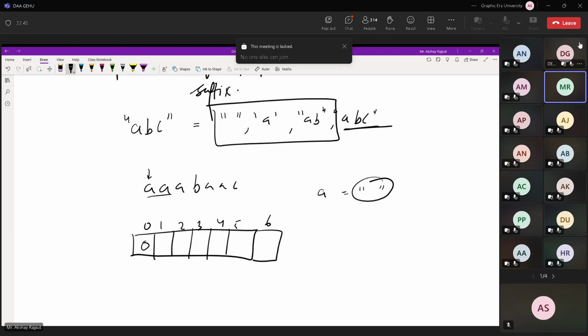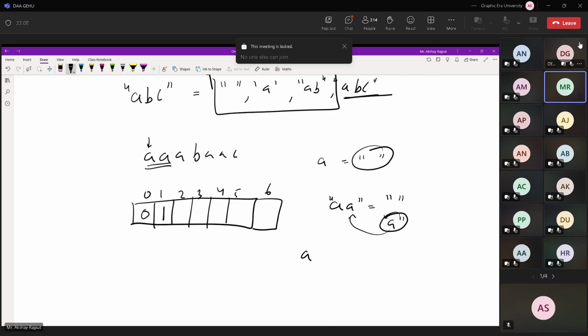Now next is AA. AA has two proper prefixes: one is empty and one is single A. What is the maximum length of the proper prefix which is also a suffix here? This one. So this will be 1, right?